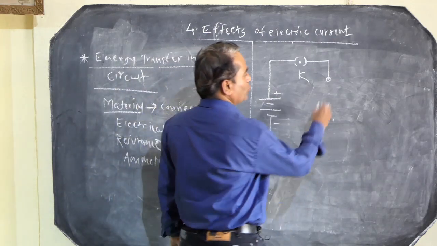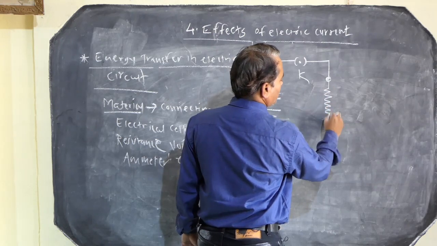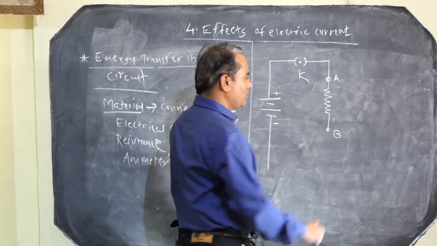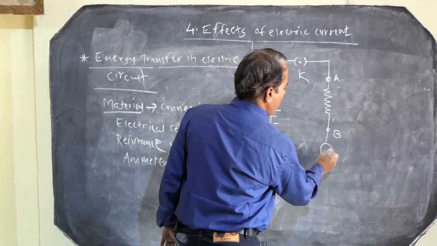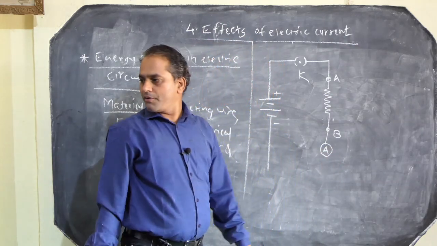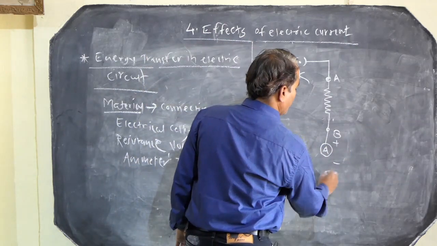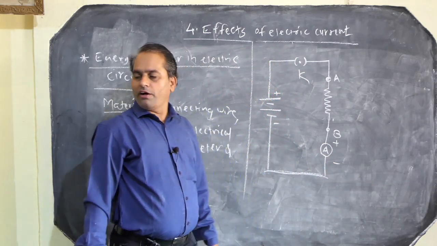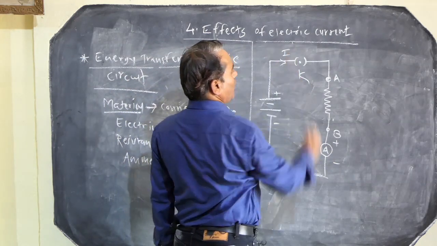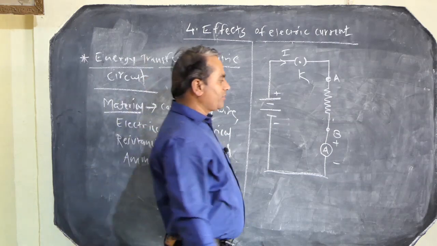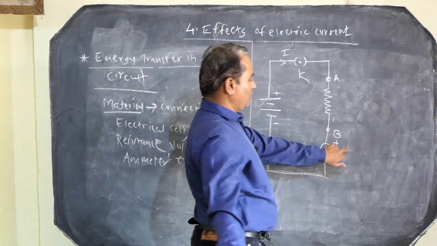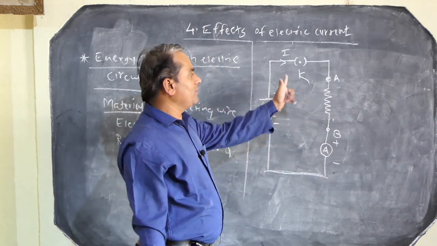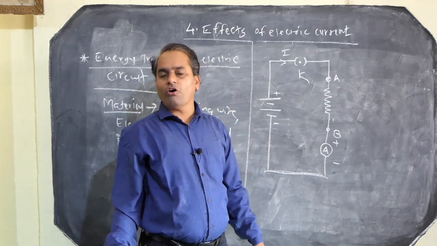We connect the resistor across terminals A and B, along with an ammeter, also connected plus and minus. The circuit is on, and when the circuit is on we show the arrow I. We also denote the positive charge and negative charge. That shows the electrical circuit is in on condition.